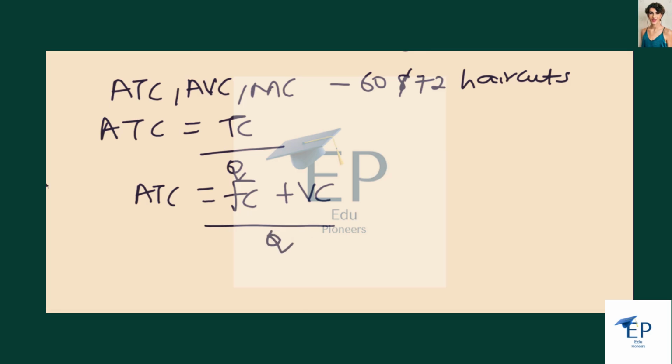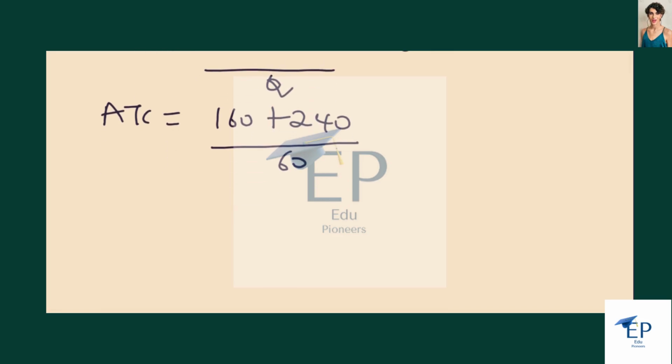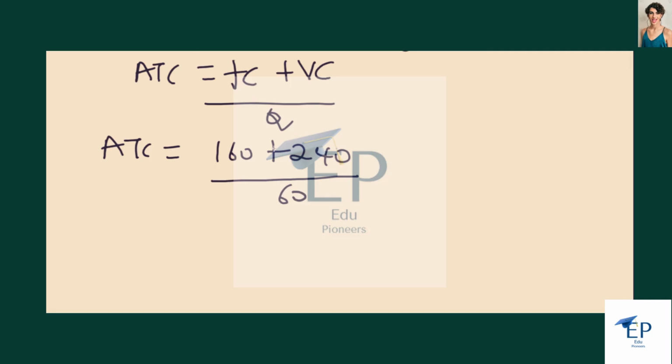So the average total cost for 60 haircuts can be calculated as average total cost equals 160 plus 240 divided by 60, because this is the total of fixed cost and variable cost.